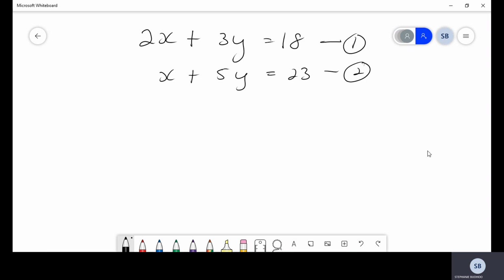I am seeing that in equation 2, we already have one of the variables set by themselves. So I am going to use equation 2 to make x the subject.